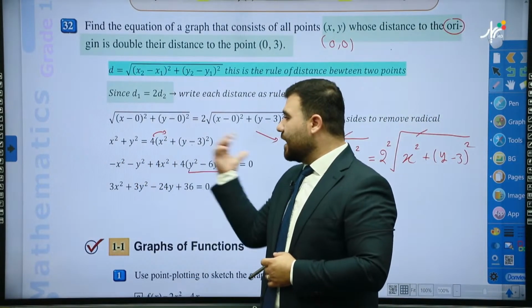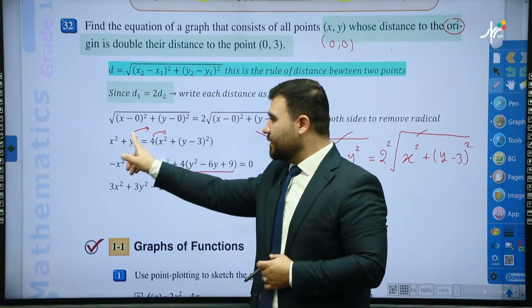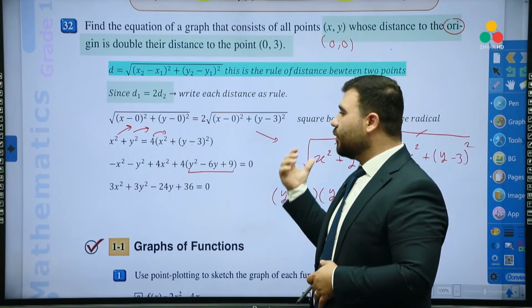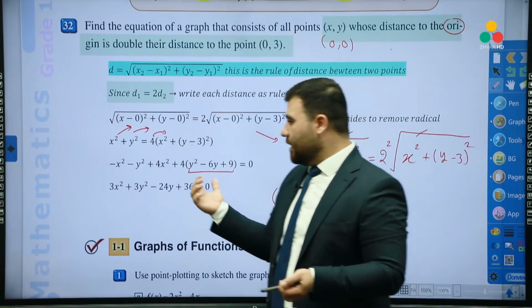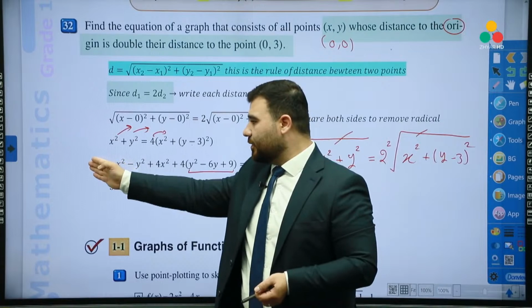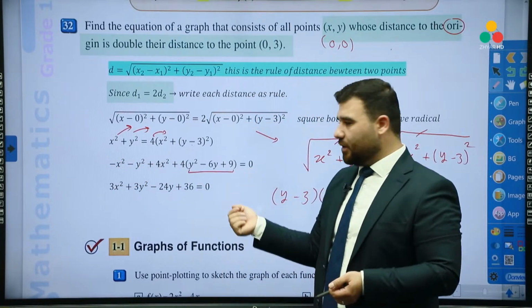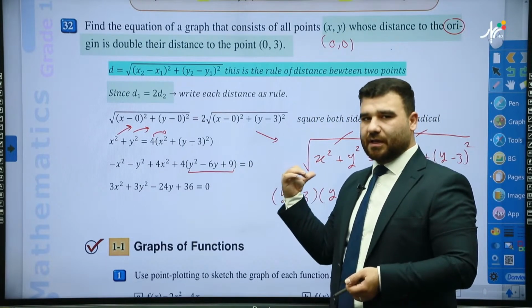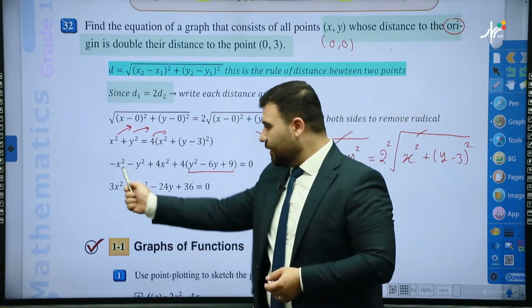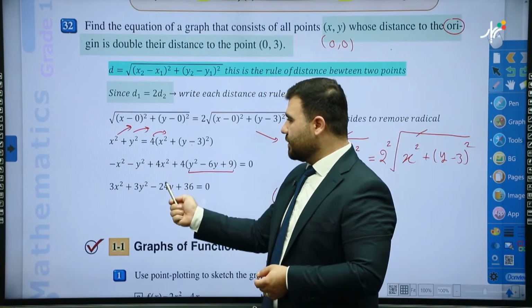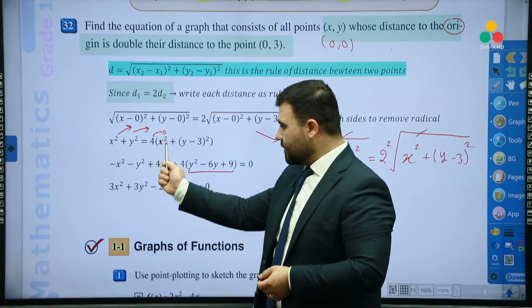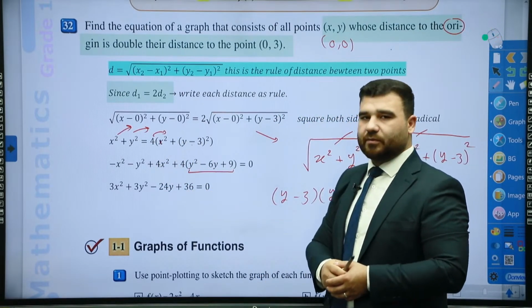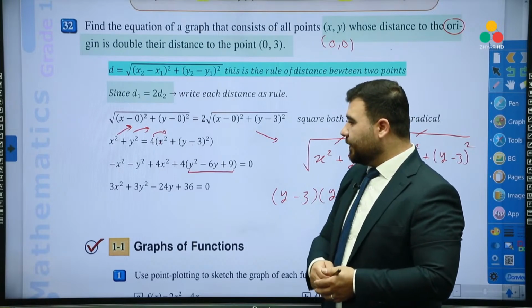Now, on this side, I have more terms. Let's send these to the other side. When I send them to the other side, they both become negative, and one side of the equation will be 0. There is no difference between writing 0 equal to some terms, or writing 0 on the other side. For simplicity, 0 on this side is better. Now negative x squared minus y squared plus 4x squared, 4 times x squared is this, and 4 times this will be 4 times x squared minus 6x plus 9.